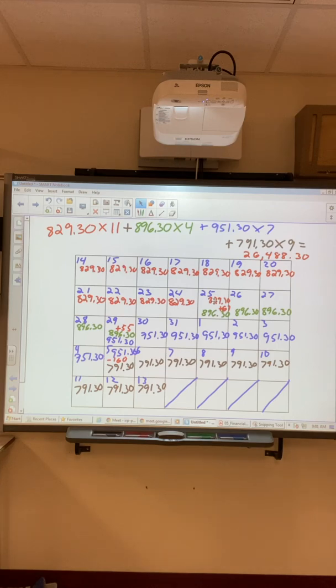We have just added up all the numbers. That's what the 26,488 is. That's the adding up of all those numbers. Now we're going to divide. We're going to divide by how many numbers there are. So what do we divide by?